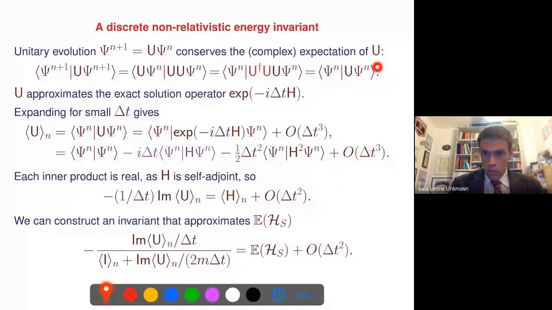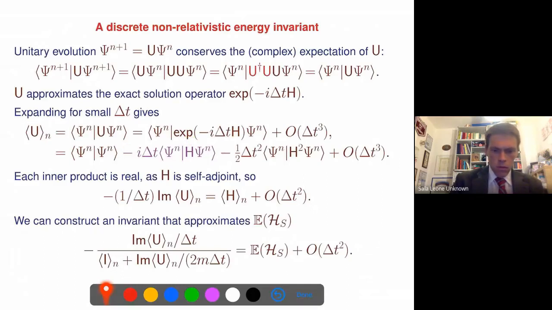I also know that U approximates the exact evolution, that thing I had on one of my first slides. So if I expand for small delta t, I can replace U by this exponential up to some error, depending on how accurate my discretization is. Now expand for small delta t, I get this thing, that's the normalization, that's real. I get this thing, the expectation of the Hamiltonian, the thing I want because that's my energy.